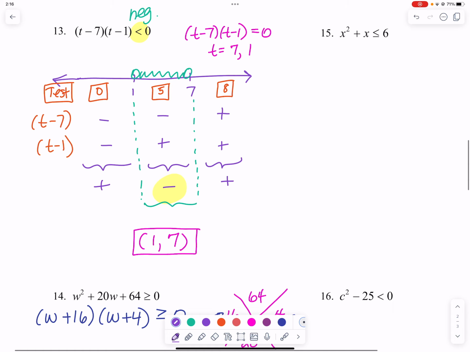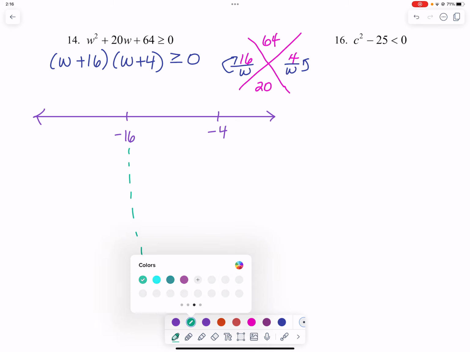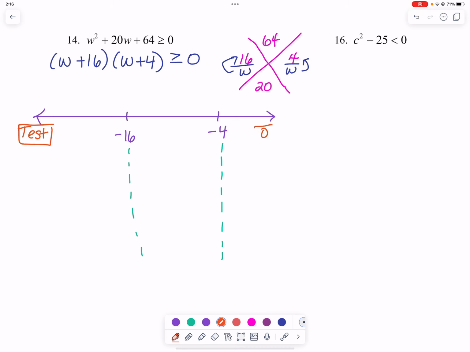As you can see there, we used 1 and 7. Okay, so now we will write test, and we will pick some values. We like 0 here, maybe negative 10 here, and maybe negative 20 here.